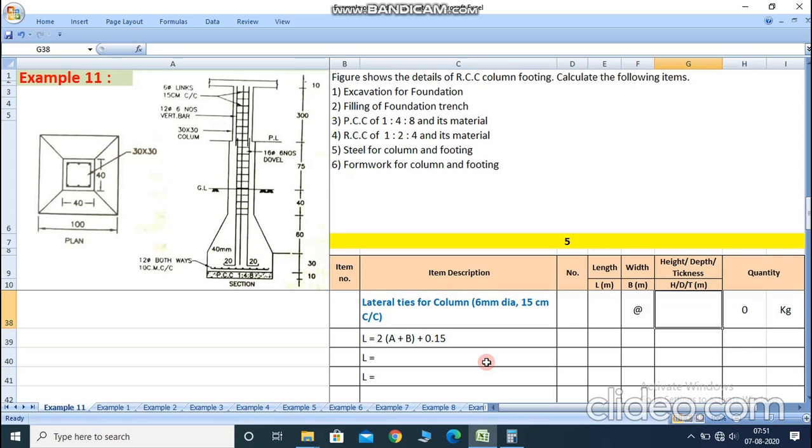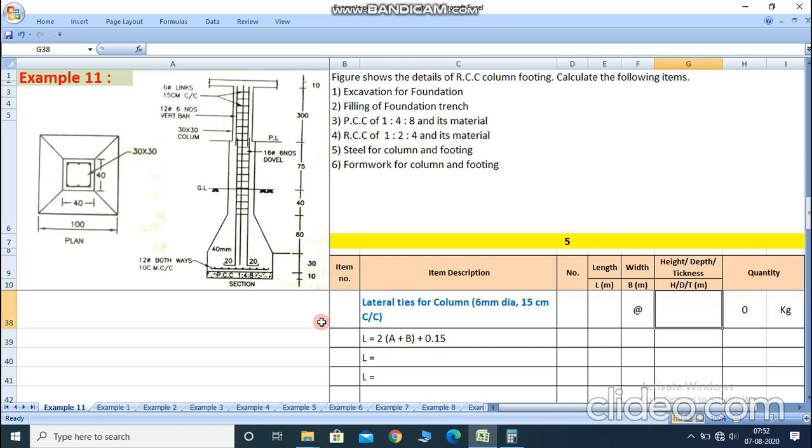Then we also calculate the length of the lateral ties. So the equation for finding the length of the lateral ties is L equals 2A plus B. So first we calculate the value A.